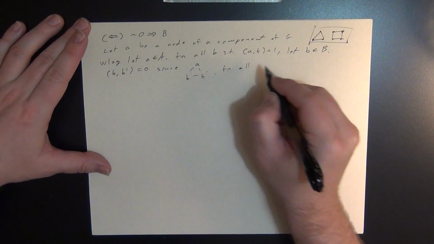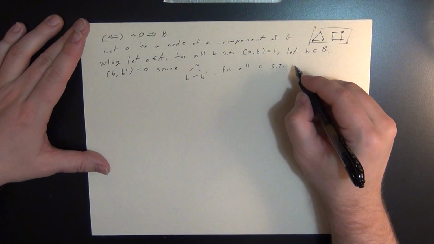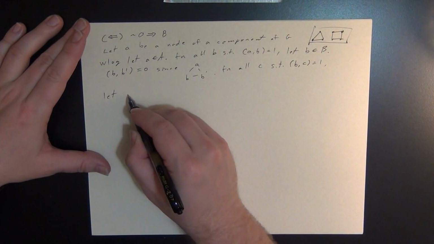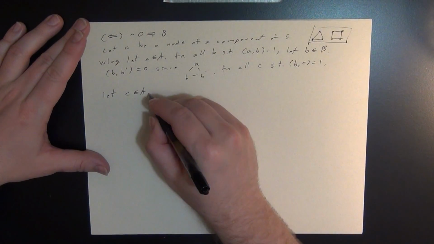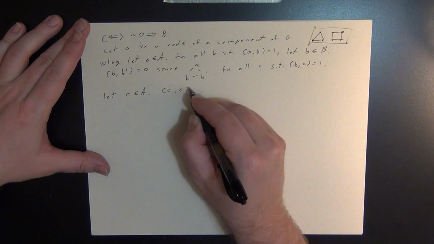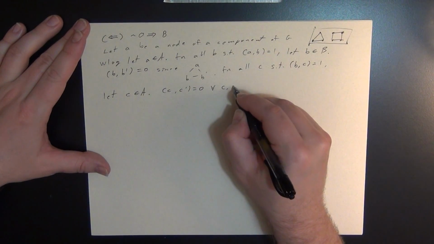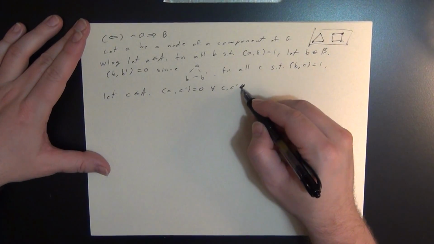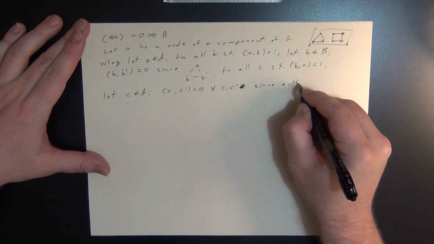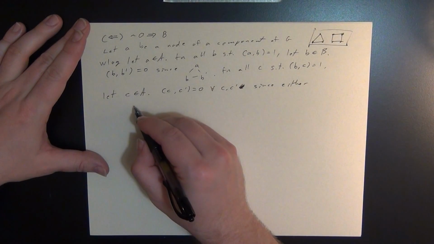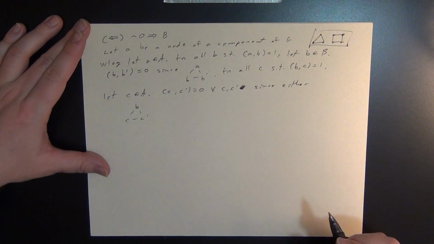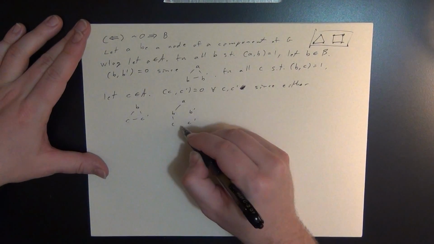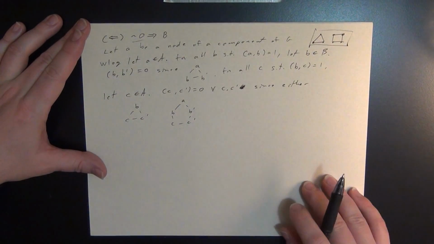For all C such that B, C are connected, let C be an element of A. C, C prime: either both the C and C prime are connected to the same B, and that's a cycle of odd length, or they're connected to different B's, but the B's are all connected to the same A. That's a cycle of length 5, and we know by assumption there are no odd cycles.